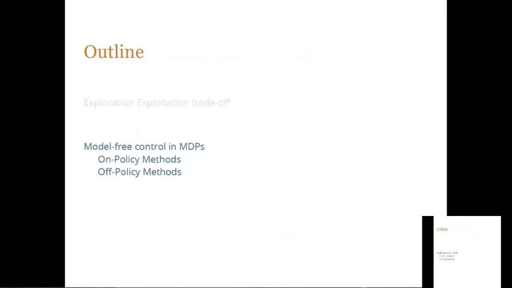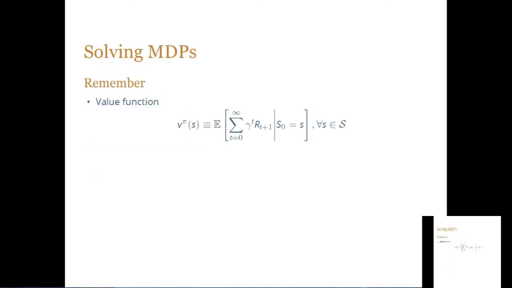So let's talk now a bit about this dichotomy between on-policy methods and off-policy methods. And for that, we need to refresh some things that Anders presented yesterday, some things that you already saw in the previous lecture. So remember these two definitions, the value function, so this is a function that assigns to each state a value, and it is an expected value of the future rewards or the returns.